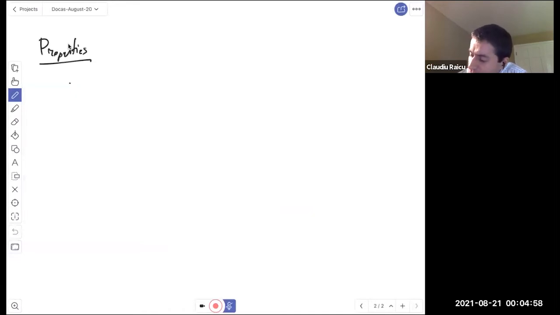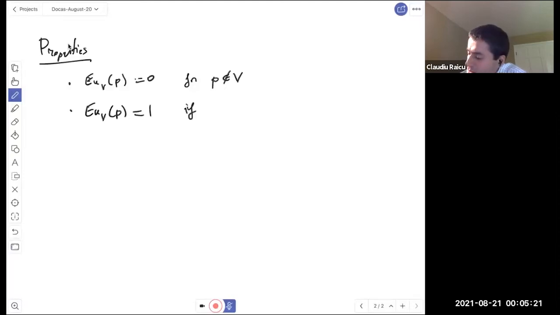Well, you could think of it as really just a function on the subvariety, because it always vanishes outside V. Moreover, this is equal to 1 for a smooth point.